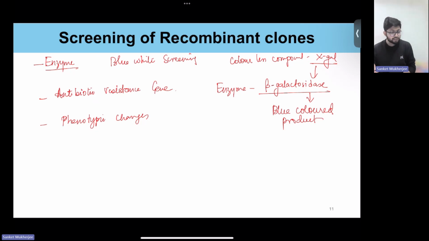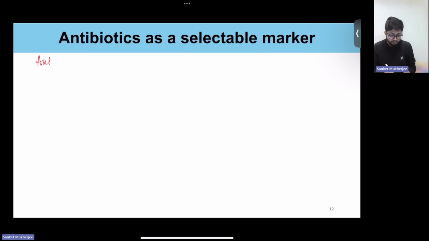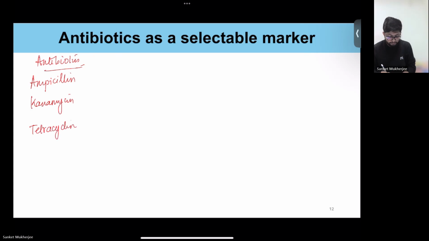Then there is antibiotic sensitivity. So there are multiple antibiotics, for example, ampicillin, kanamycin, tetracycline, chloramphenicol.